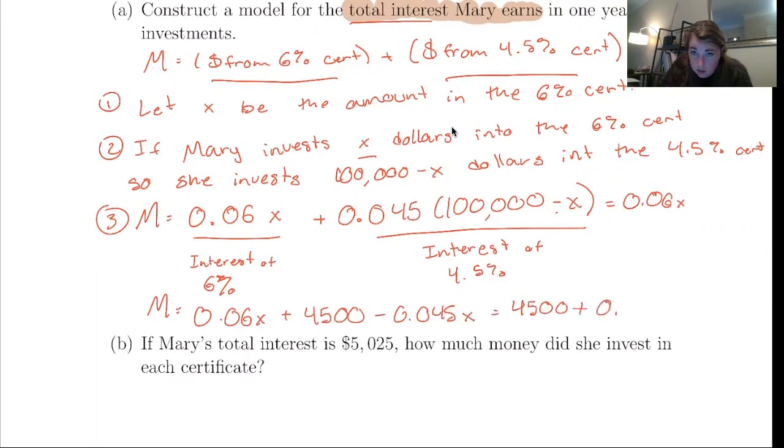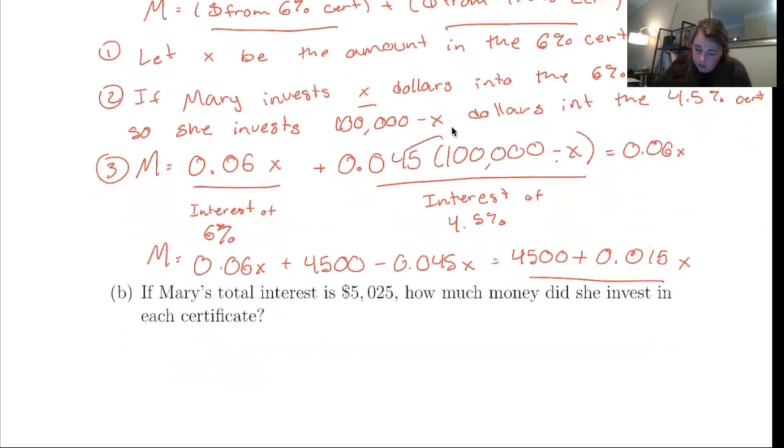Why is my pen not working? There we go. Okay. And that's just after distributing. It's helpful to use it simplified because of what we need to do in the next step. All right, coolio. So this is our equation now.